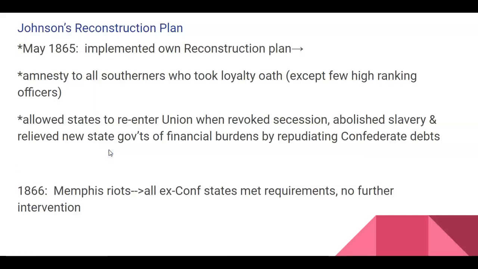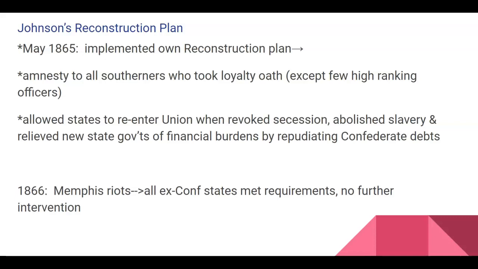Johnson's Reconstruction Plan. Okay, so Lincoln had a Reconstruction Plan, and people thought that it was really too easy, that he was trying to go too easy on the southern states. What he really felt was that it wouldn't serve any purpose to alienate the southern states.